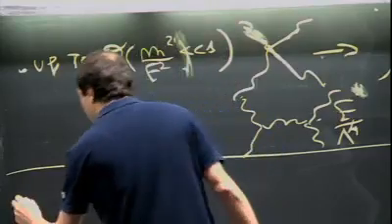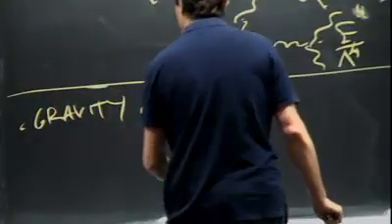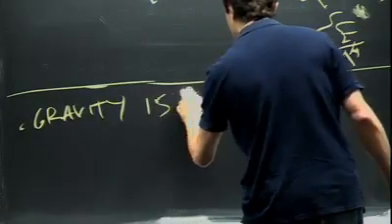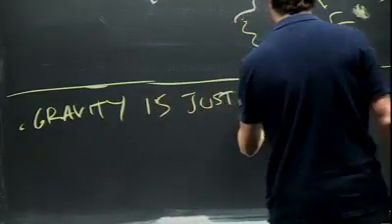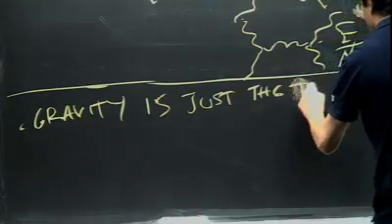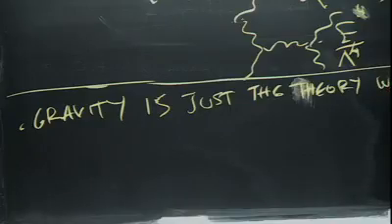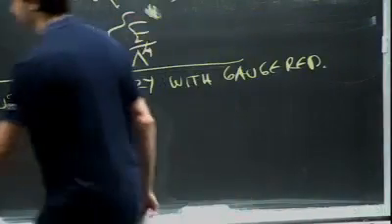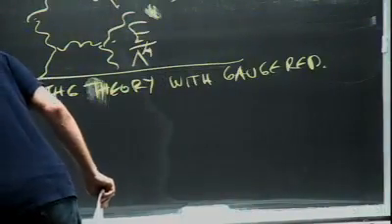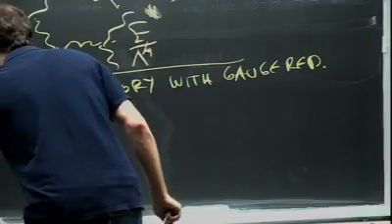Now gravity is nothing but just a gauge theory, a theory with gauge redundancy given by diffs. At low energies, you can derive general relativity simply by imposing this.